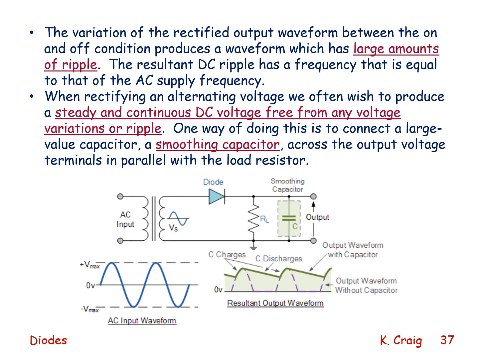And we see that smoothing capacitor here. The output waveform without the capacitor is shown by the dashed line. The output waveform with the capacitor is shown by the solid green line, where you see the capacitor charging and then discharging, and charging and then discharging.